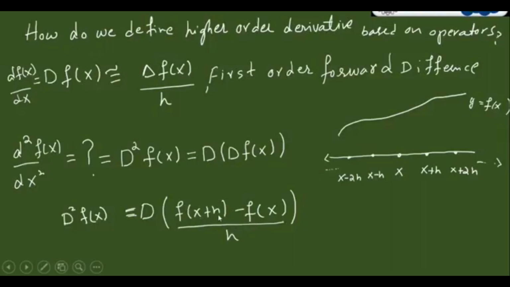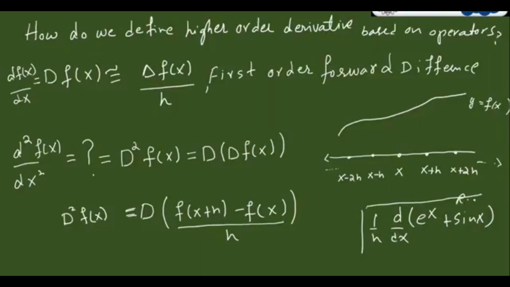You remember, if there are two functions that are adding, for example e to the x plus sin x, and I ask you to find the first order derivative, let's assume h is taken outside as 1 over h. If I ask you how to compute the derivative, this whole part is rough work.